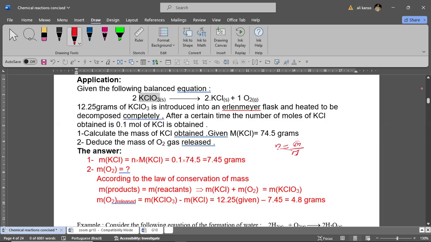We have the mass of KClO3 given, 12.25, and we have calculated the mass of KCl. What will be the mass of oxygen? The mass of oxygen is equal to the mass of KClO3 minus the mass of KCl. We subtract, and we deduce the mass of oxygen released is 4.8 grams.